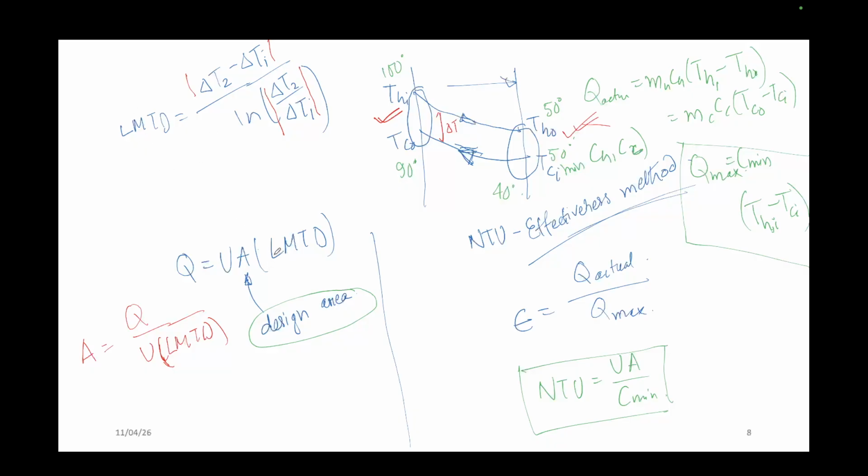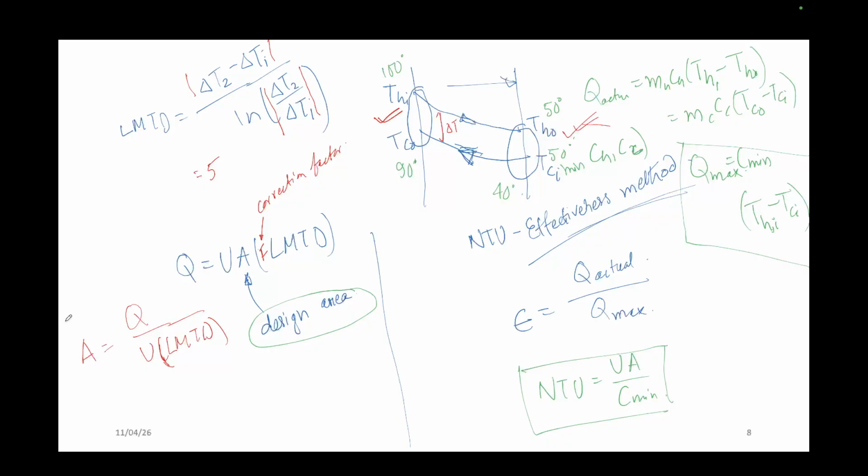If I use the formula with a correction factor, say F, and the LMTD value comes to, say, 5, then there should be a correction factor, say 0.01 or something like 0.09.